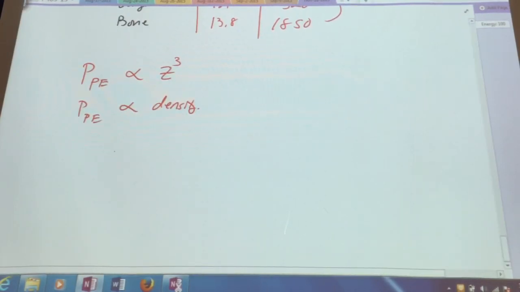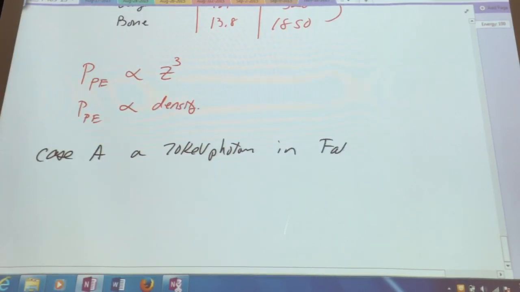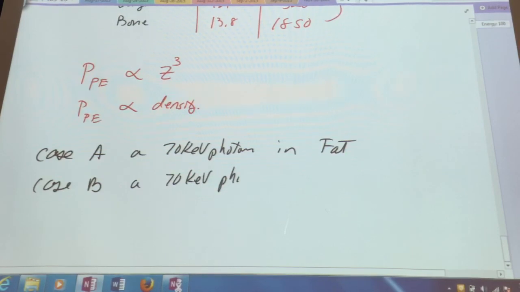And so now we want to cook up something like case A. The answer is going to be pretty obvious, but in case A, we have a 70 keV photon in fat and a 70 keV photon in bone.